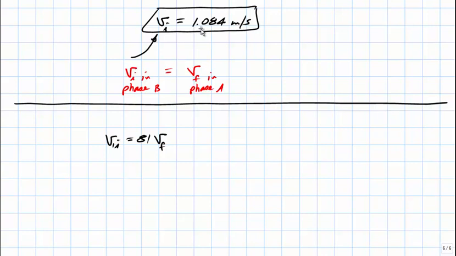Of course, 1.084 equals V final in phase A, so we can just roll this value into our equation.